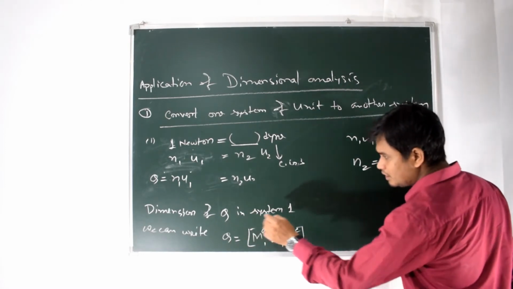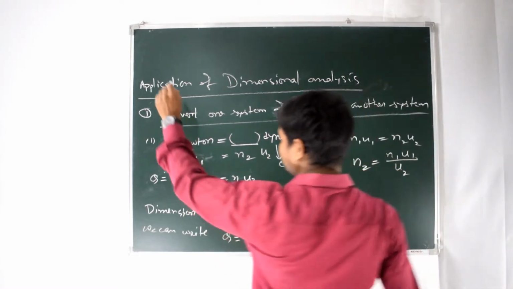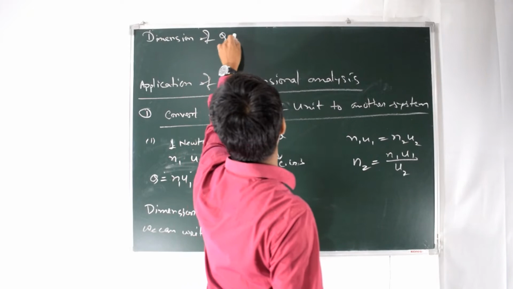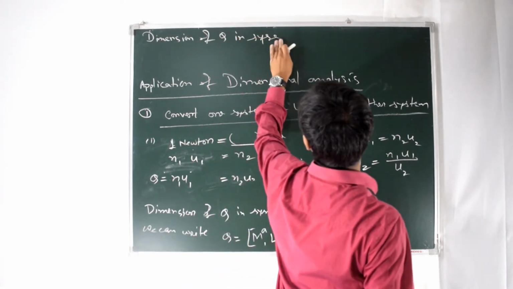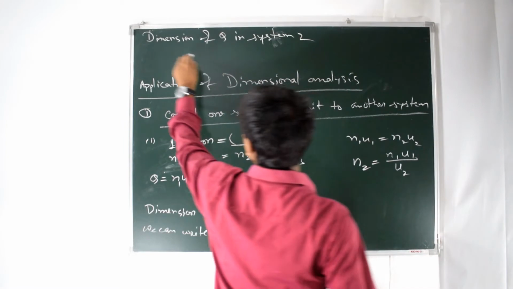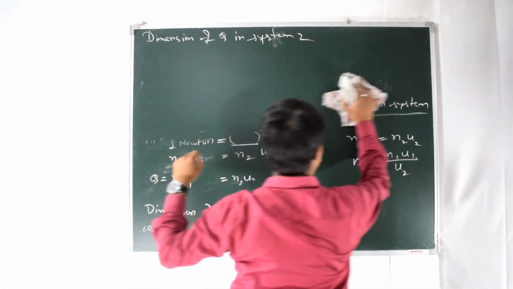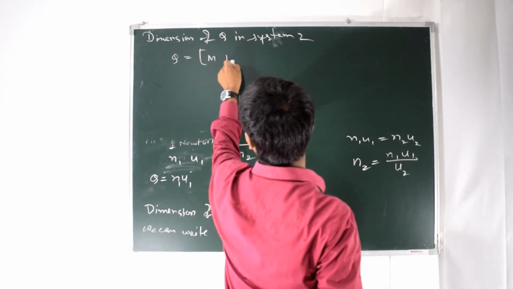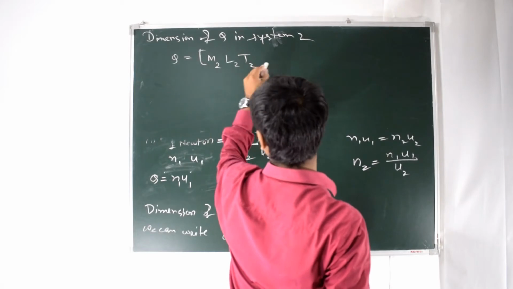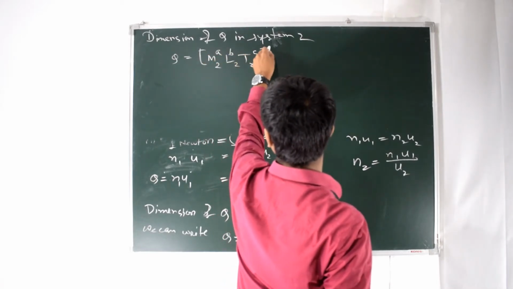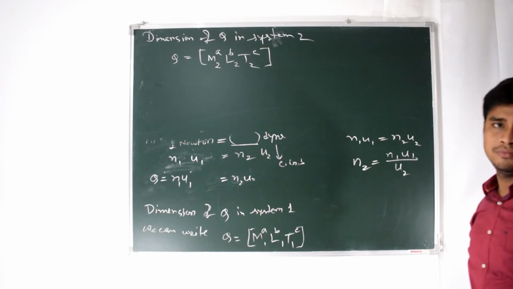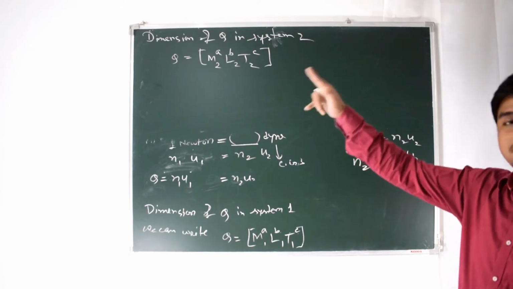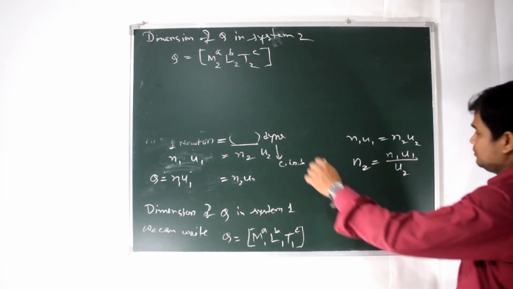Similarly, the dimension of Q in system 2 we can write as M2 L2 T2 with the same powers a, b, and c. Why are we writing a, b, and c? Because it is the same physical quantity, therefore the powers will be the same.